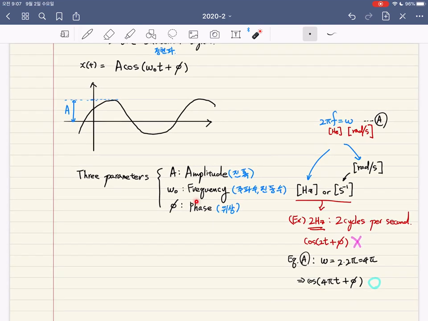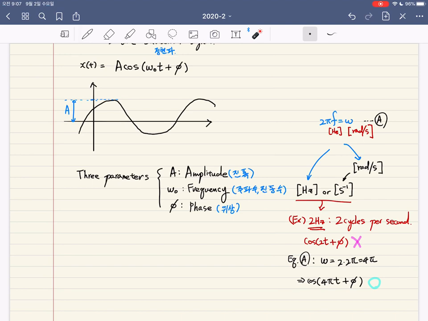And frequency has two units, which are hertz and radian per second. Since radian has no unit at all, you can represent this as s to the minus 1. And between these two units, you have to convert with the equation A.